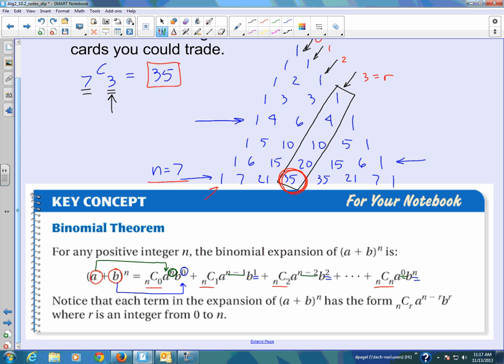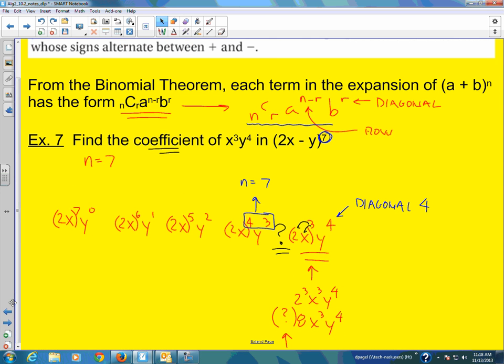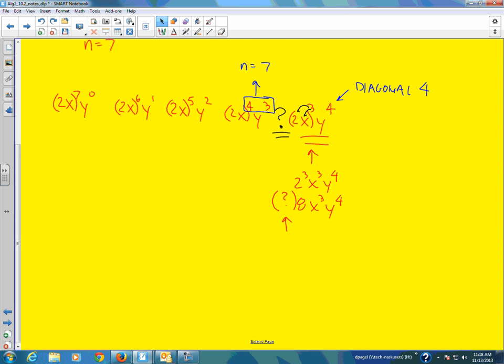Diagonal 0, diagonal 1, diagonal 2, diagonal 3, diagonal 4. So that's the number 35. That should be camping out in front of this 8. So really I have 35 times 8, x cubed, y to the 4th.